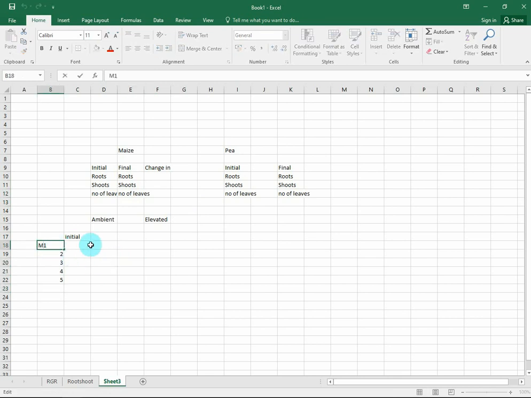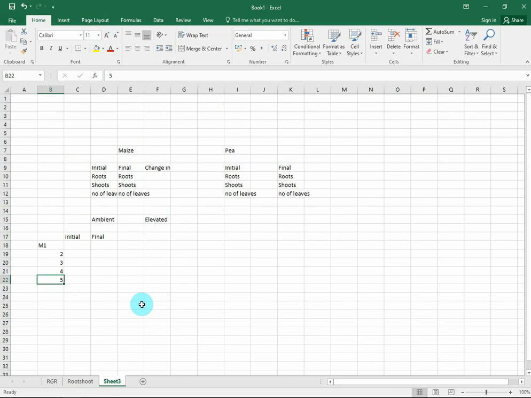You cannot put the initial and the final. First of all, you should not be putting maize 1, 2, 3, 4, and 5 on your graph. You shouldn't be doing that. And you should not be having initial and final on the graph.